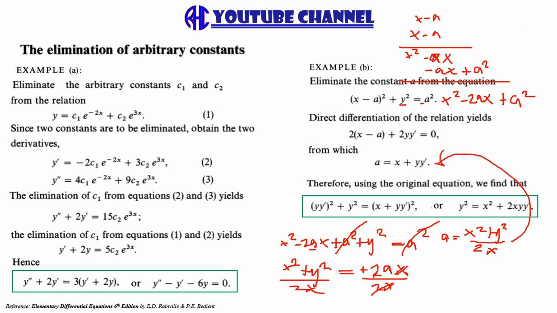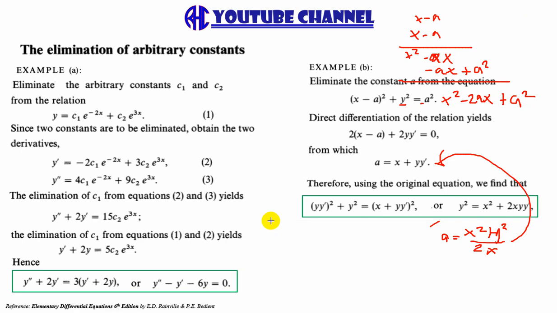So, i-pause ko muna to guys para makasulat tayo. Okay, let's continue. Equate natin yung dalawang equation. So, magiging x plus y times y prime is equals to x squared plus y squared over 2x. Then, cross multiplication.